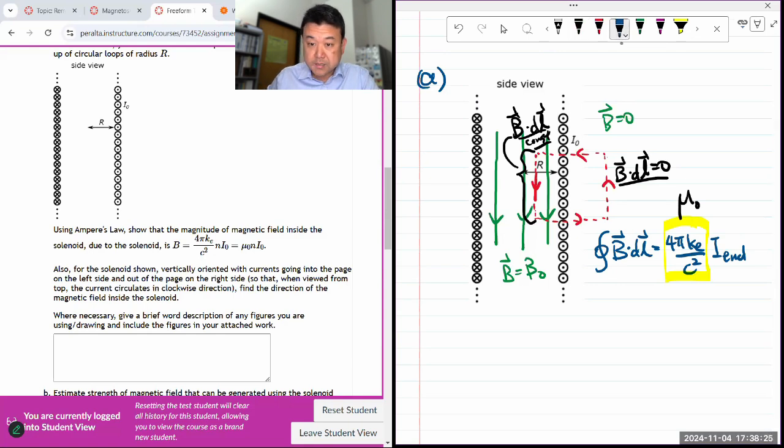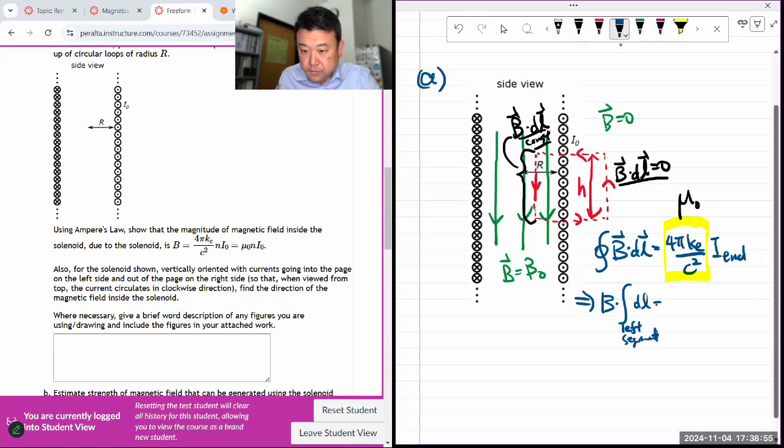All these simplifications allow you to simplify the left-hand side down this far: B times the line integral of dl of basically just the left segment. I haven't specified the height of the segment, so let's call that arbitrary height h.